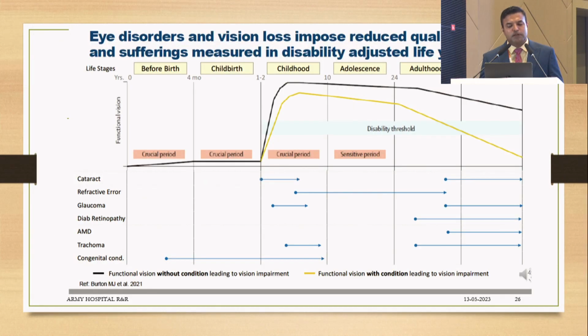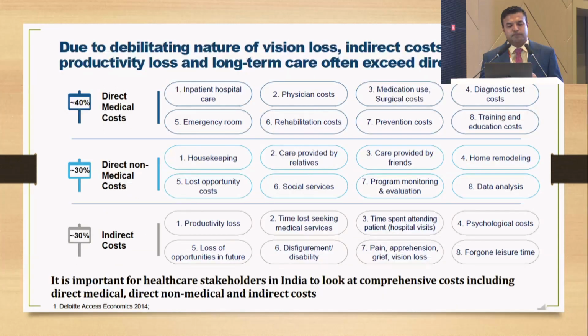And the functional effect of loss of vision becomes extremely important in adulthood and older life, when diabetic retinopathy and AMD become the key players in reducing vision. And the debilitating nature of vision loss includes 40%, you remember this figure, 40% in direct medical cost and close to about 60% divided equally between the direct non-medical costs which have been shown here and the indirect costs of productivity loss of the patient.